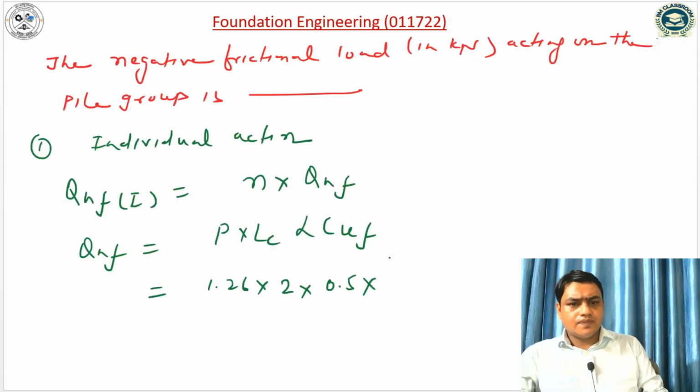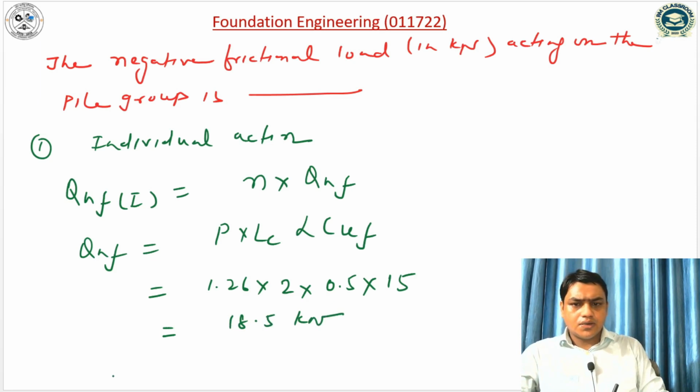So the value will be 1.26 into 2 into 0.5 into 15. So it is coming 18.9 kilonewton.